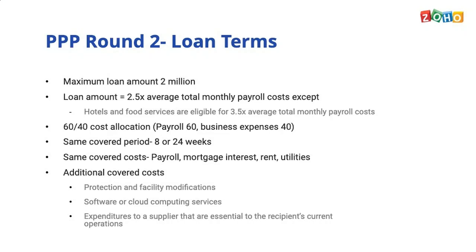Also with the loan providers, I've been reading online that a lot of businesses are talking about going to a smaller bank rather than something like a Bank of America, and that might be a little easier to get the loan, and they might be able to help walk you through it a little easier. Also, this is round two, so banks should be prepared.